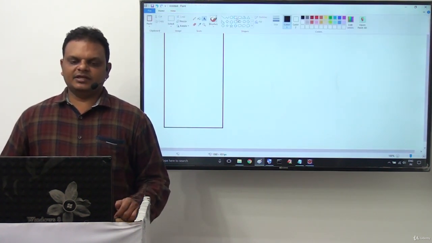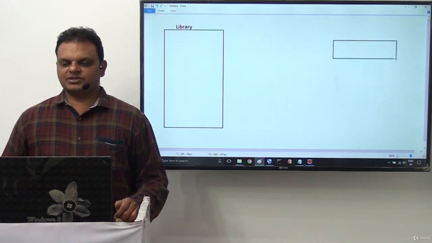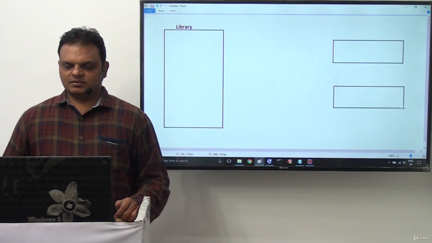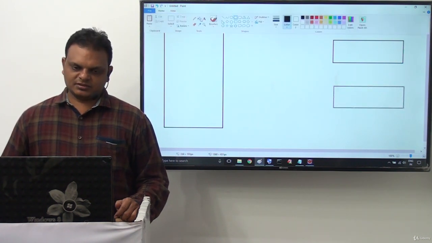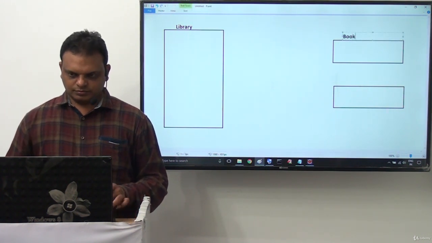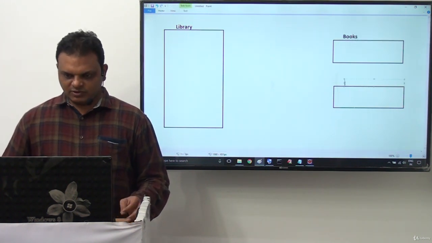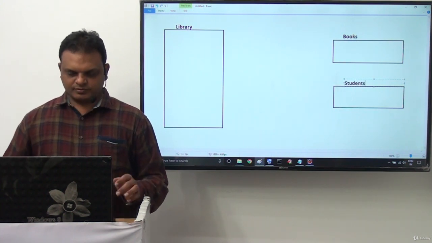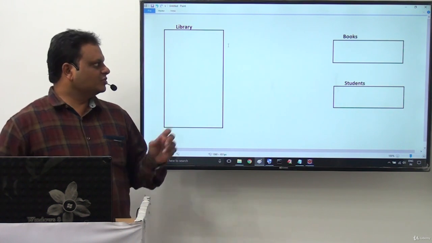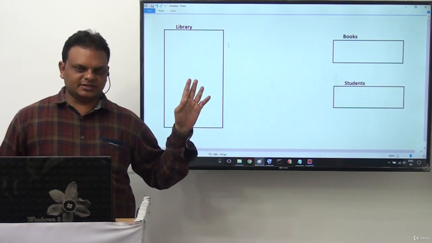Inside the library, definitely two things exist. What are the two things we are able to get inside the library? First one is books, and second one is students. Both are having references from the library class. Library, students and books are the three entities.